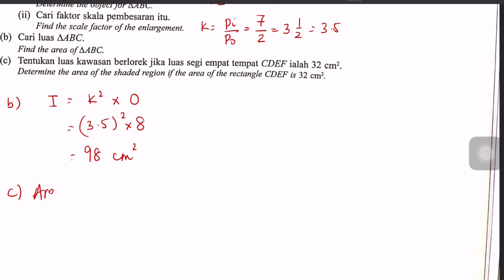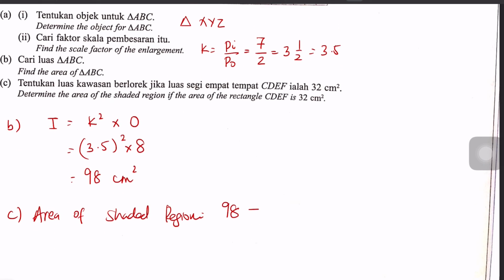So the area of the shaded region is the area of the big triangle, 98, minus the area of the rectangle, 32. Press your calculator: 98 minus 32 is 66 centimeter square.